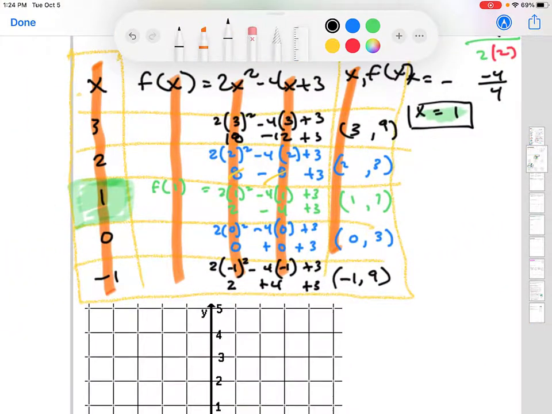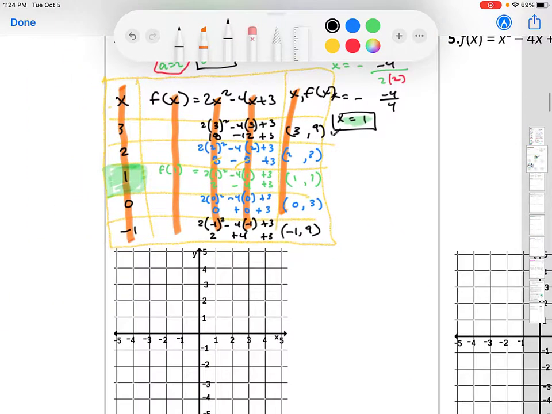Let's go ahead and get our pencil. 3, 9. Don't have that on the graph. That's bad. Okay, so let's extend it. 6, 7, 8, 9. Okay. So 3, 9. 2, 3.